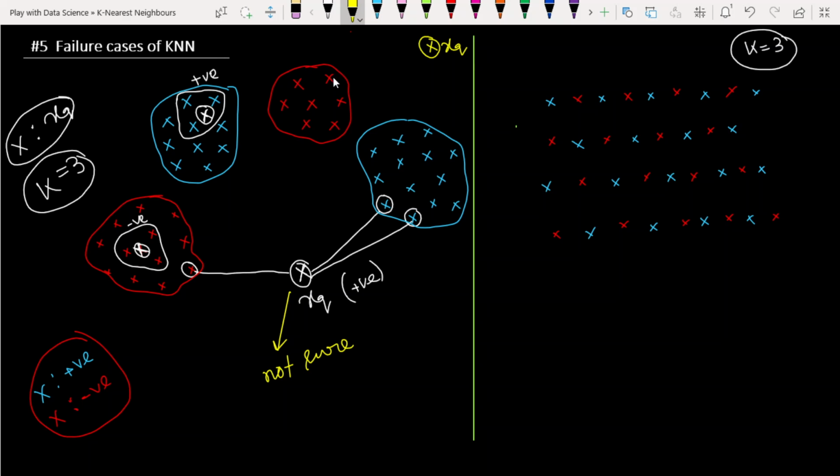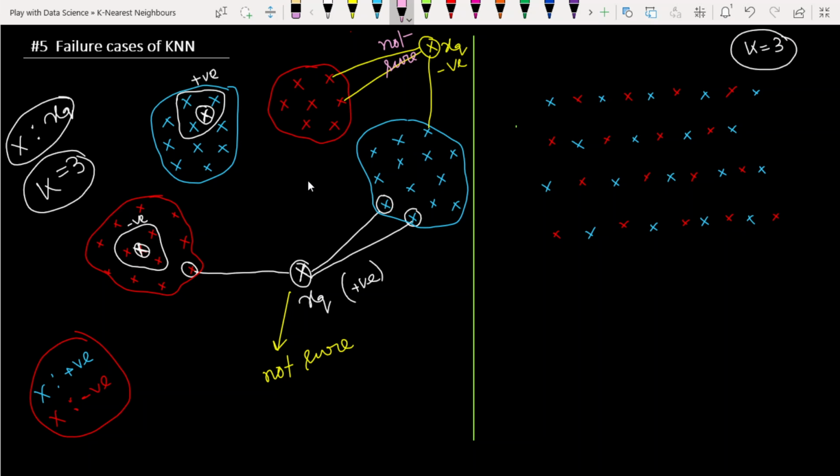The 3 nearest points will be this one, this one, and this one. You could conclude that this point is negative from the actual definition of KNN, but we cannot decide what it actually is. It may be positive, it may be negative. We are not sure about the data set.